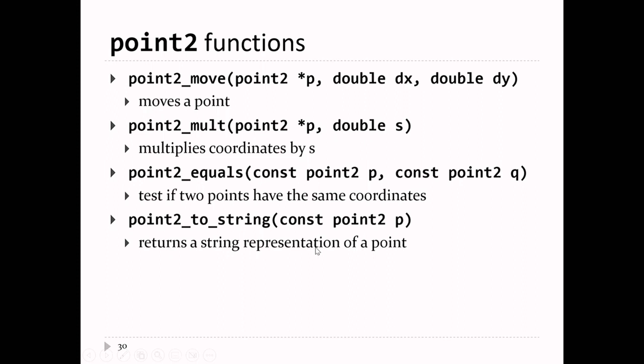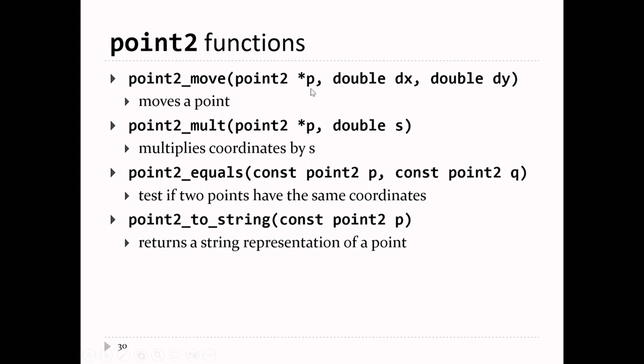With that point 2 structure that we had in the last class, we can create some methods that operate on point 2 objects. For example, I can move a point 2 object by some amount dx and dy. That's just adding dx and dy to px and py. I'll explain why you need a pointer here in a moment.